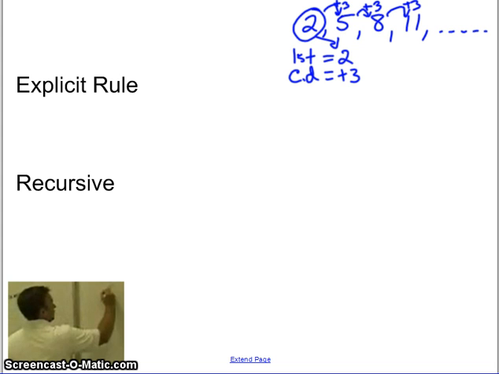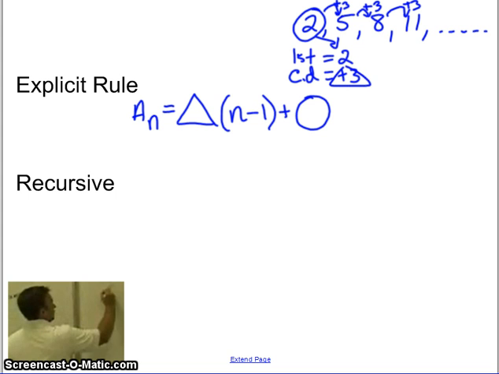With the explicit rule, the formula is a sub n, representing the term in your sequence, equals the common difference times the number in your sequence minus 1, plus the first term. Your common difference is what's in the triangle, and your first term is what's in the circle.